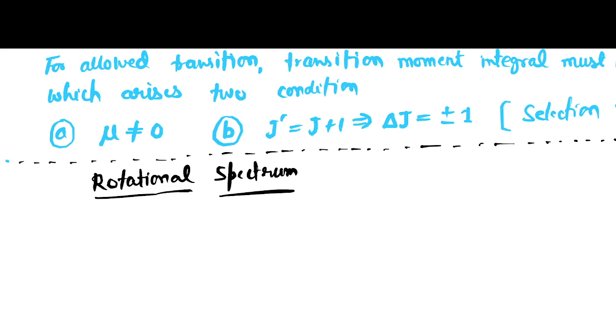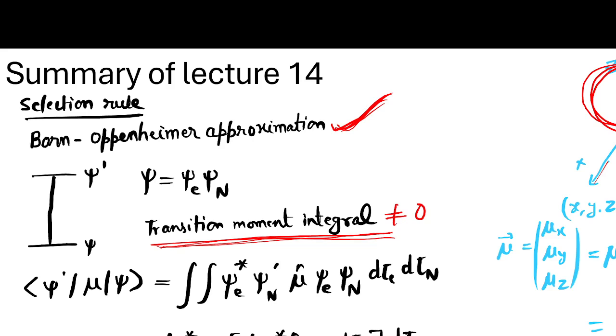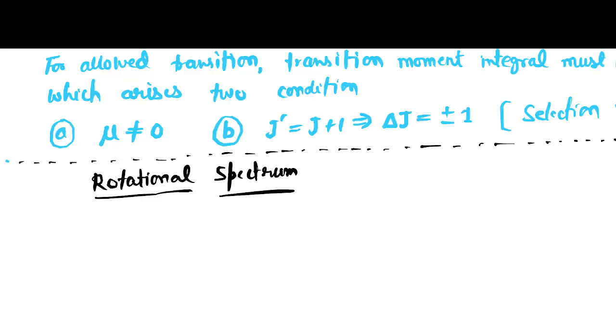And for an allowed transition, this second term will be non-zero only when we have this condition. Otherwise, the second term, the transition moment integral, will be 0. In that case, the transition will not be allowed, or there will be no transition.